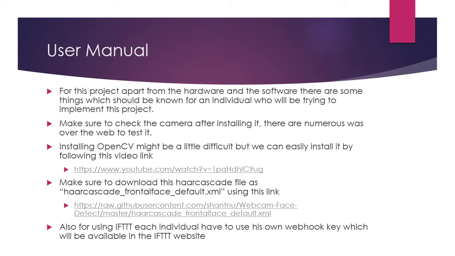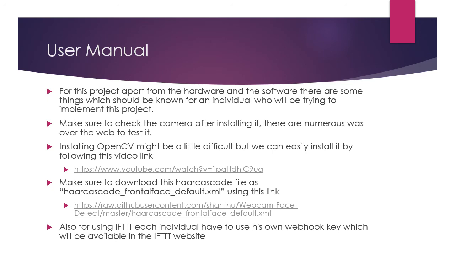Actually, there are some heads up which I want to give for this project. Apart from the hardware and the software, there are some things which should be known by an individual who will be trying to implement this project. Make sure to check your camera after installing it. Installing OpenCV is a little difficult task, but I installed it easily through this link.